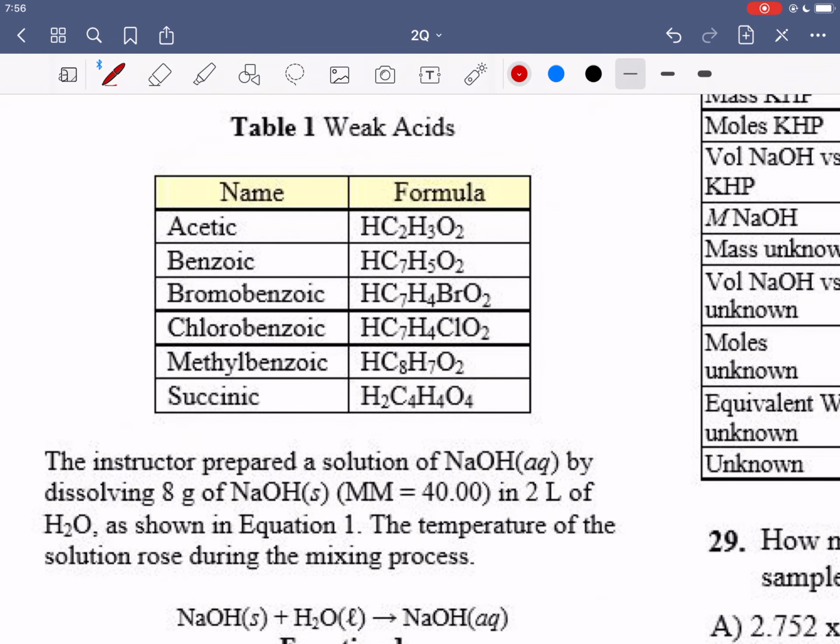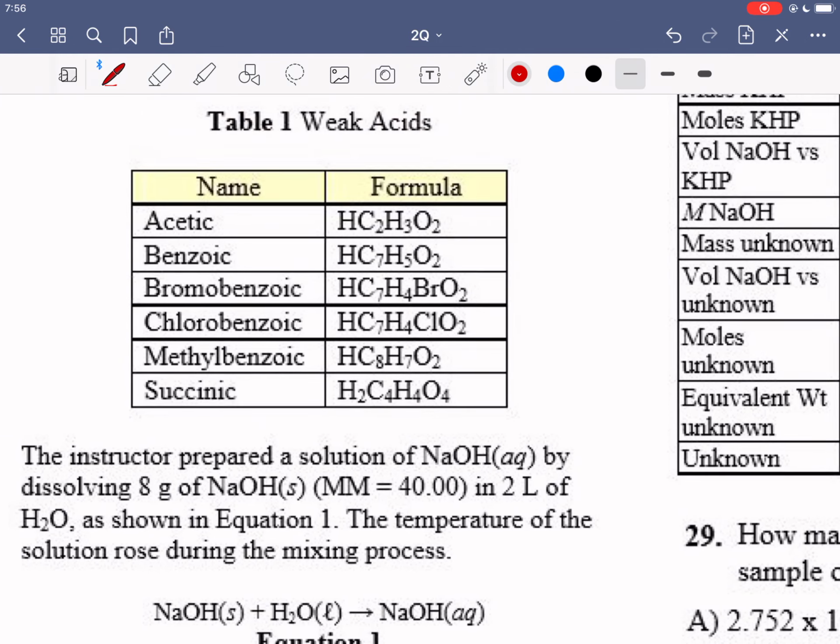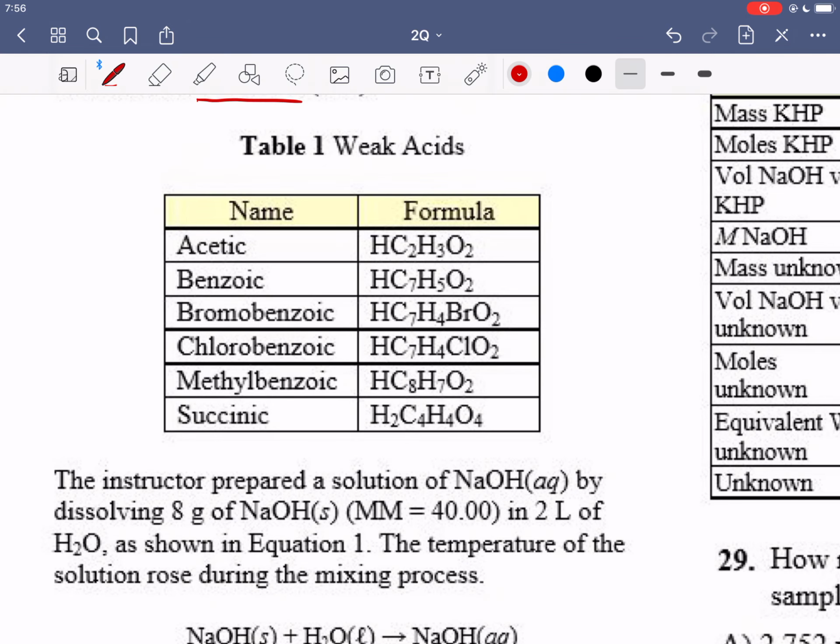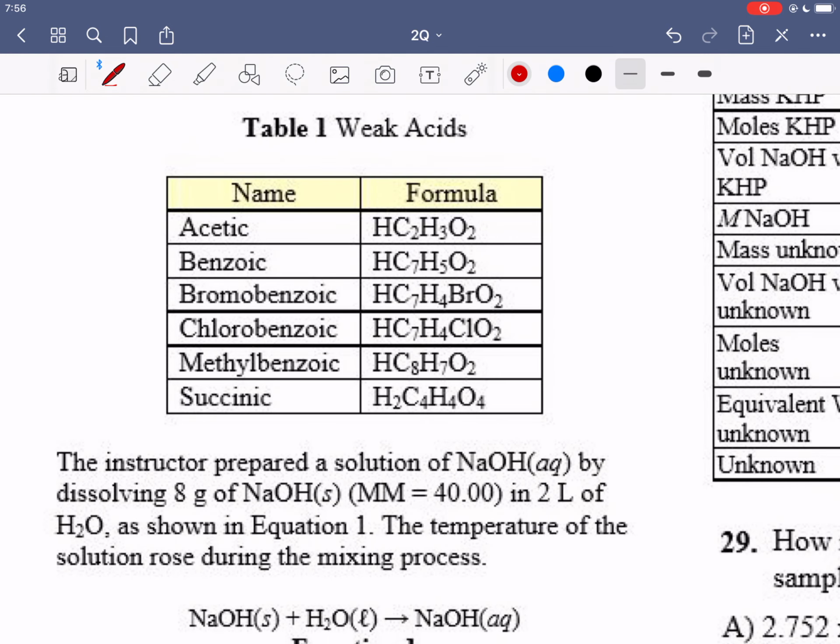So these are the potential weak acids that the students could have, and by looking at this, they'll know the molar mass, and the only thing that's missing is moles, which you'll get from the titration, and then that should give them the identity. And just quickly here, notice table 1 says they're weak acids, and the first one is acetic acid, which just looks like this.